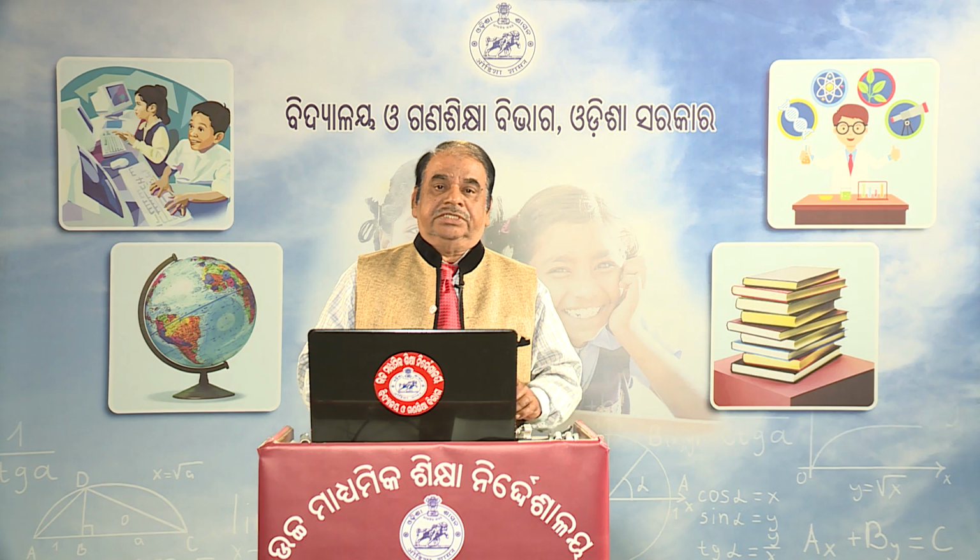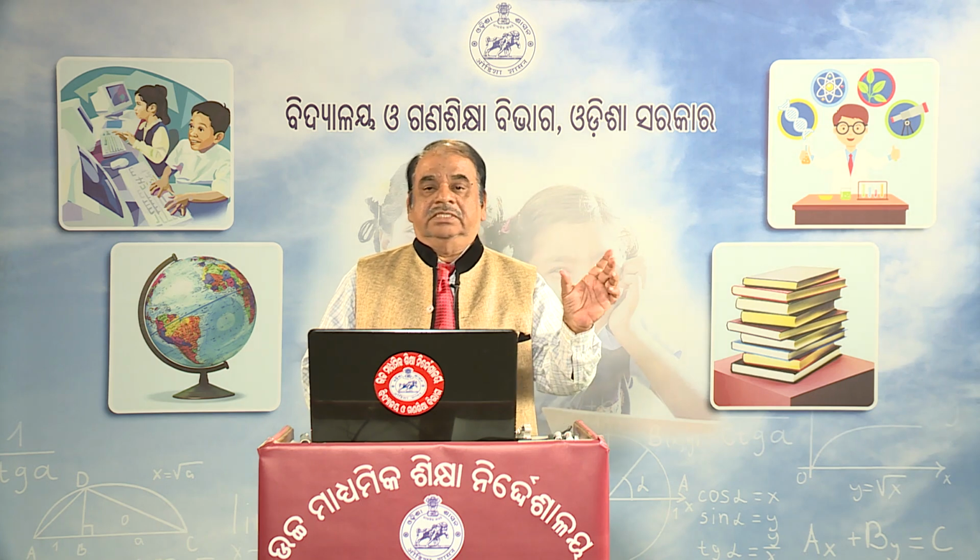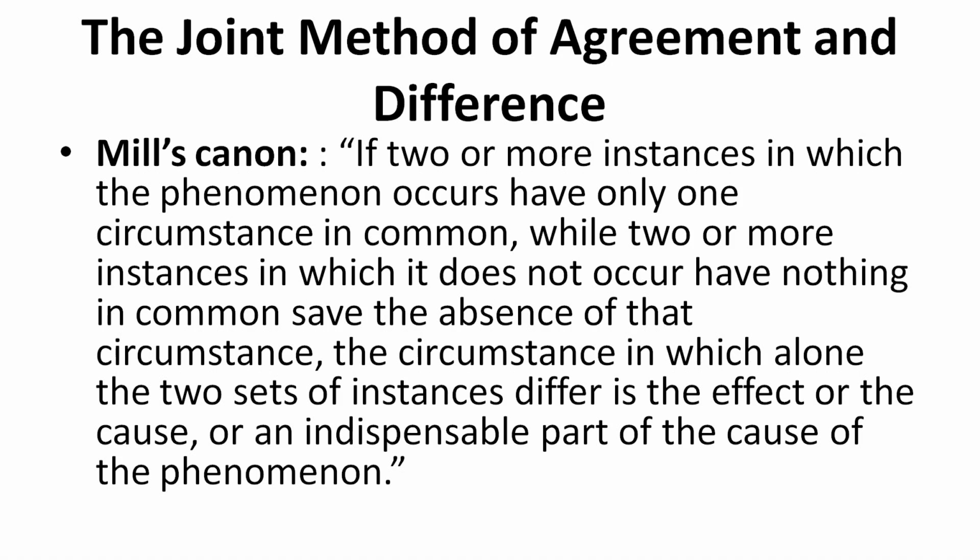The set in which it occurs is treated as the positive set, and the case where it does not occur is treated as the negative set. We shall discuss how the positive and negative sets are taken into account to find out a better method, that is the joint method of agreement and difference.